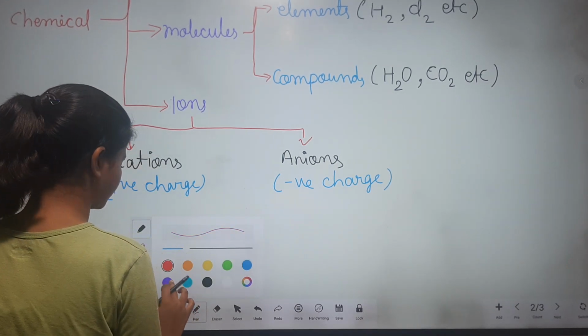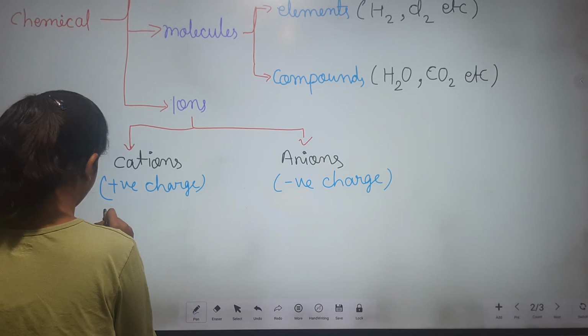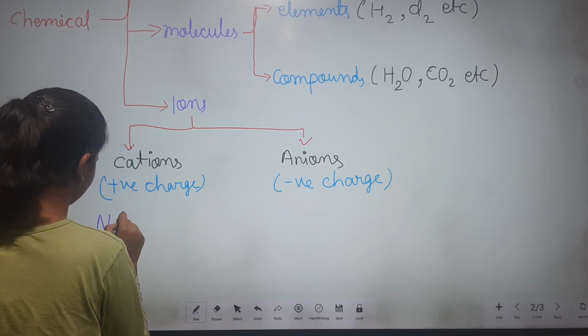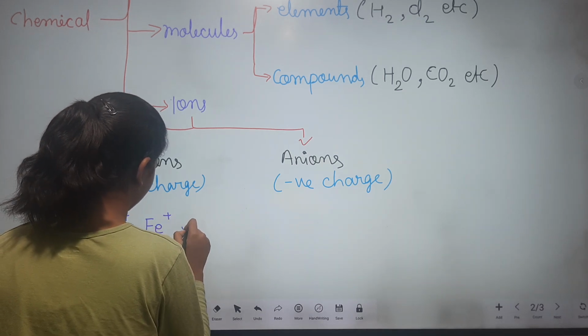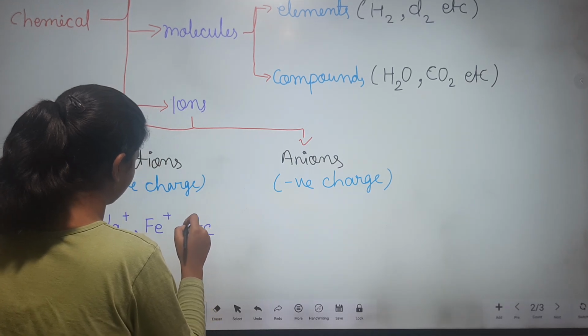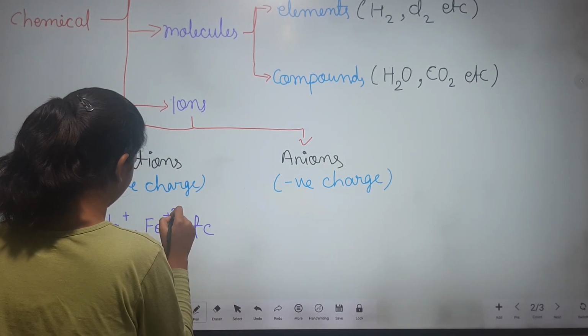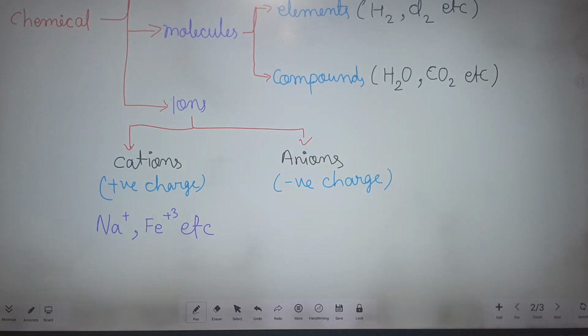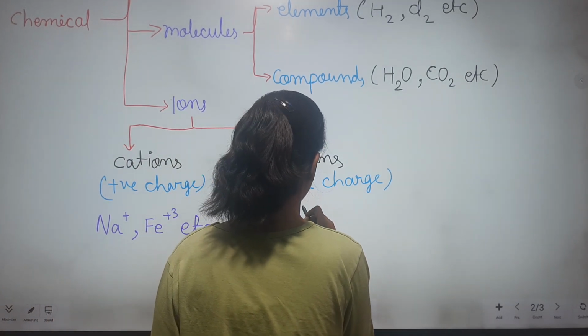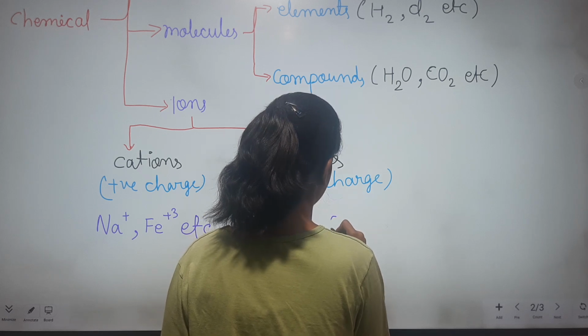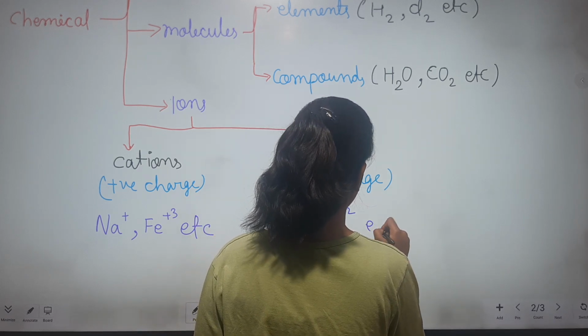For example, sodium, iron, etc. are cations, and chloride, oxygen, etc. are anions.